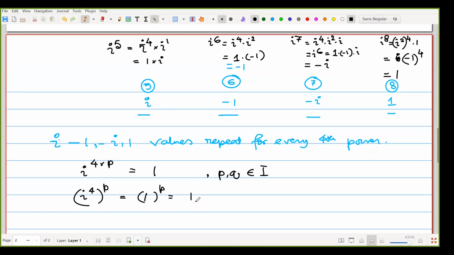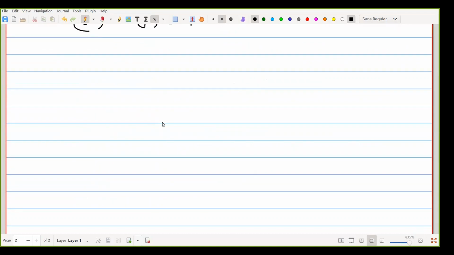Okay, so how to find out the value of any imaginary number? Suppose i to the power 38. It can be written as i to the power 38 means 36 plus 2. So it can be written as i to the power 4 into 9, 4 into 9 means 36, plus 2.